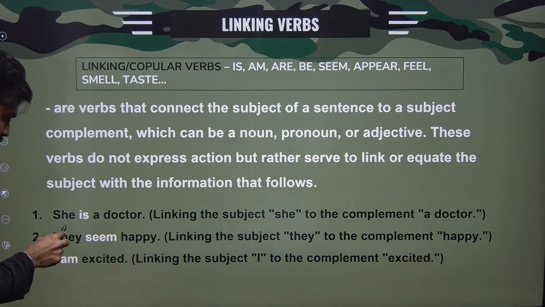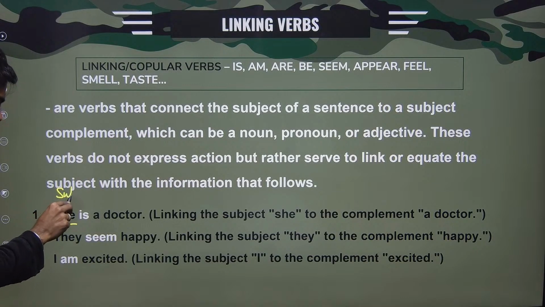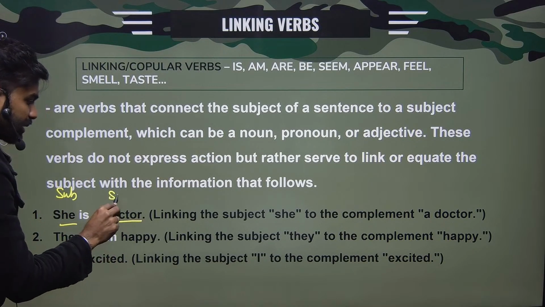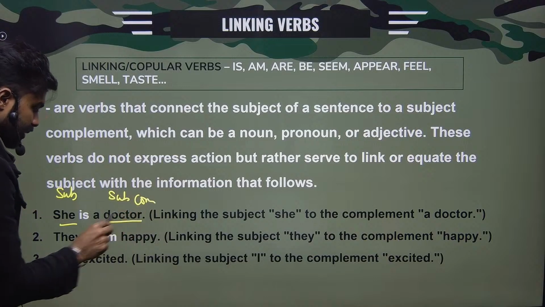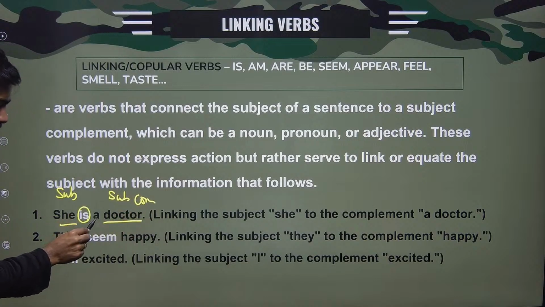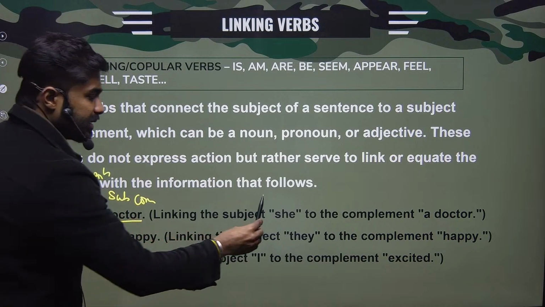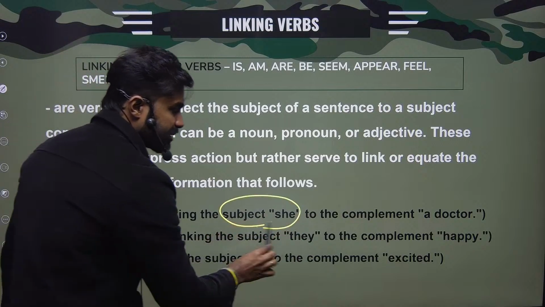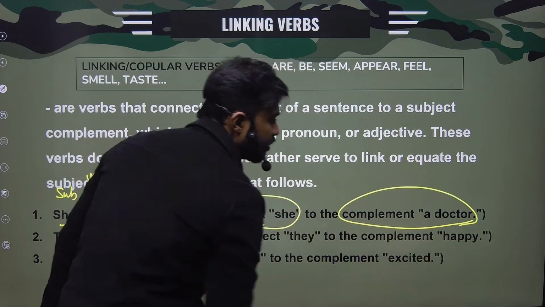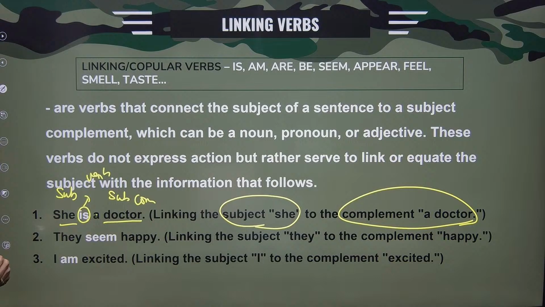See here. She, subject. Doctor, subject complement. Here, is is a verb. A is an article, leave that alone. Is is my verb. It is a linking verb. Why? Because it is linking the subject she to the complement doctor. So is is my linking verb.